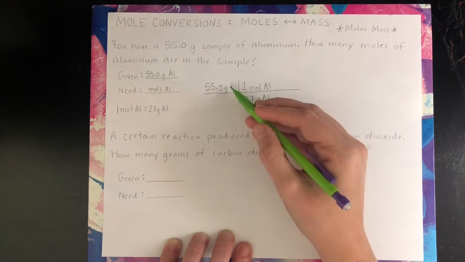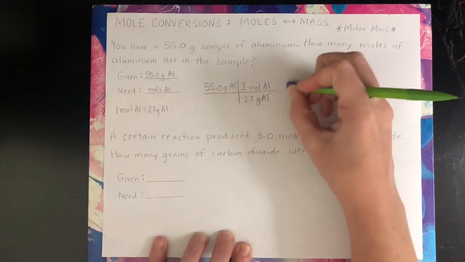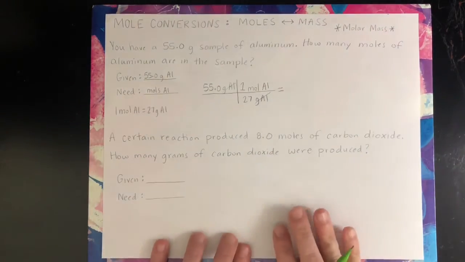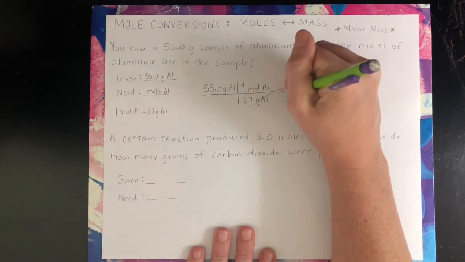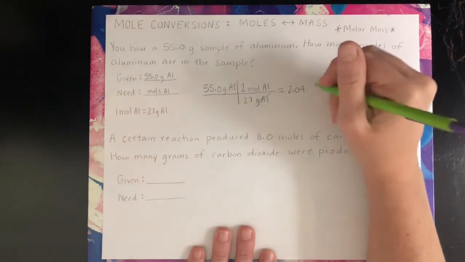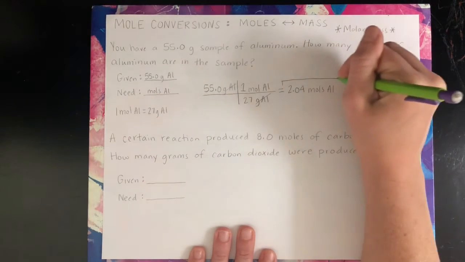And because grams are in the numerator and the denominator, they cancel out. I am left with moles of aluminum, which is what I wanted to solve for in the beginning. And so I do 55 divided by 27, and I get 2.04, 3 sig figs, because I had 3 here, moles of aluminum as my answer.